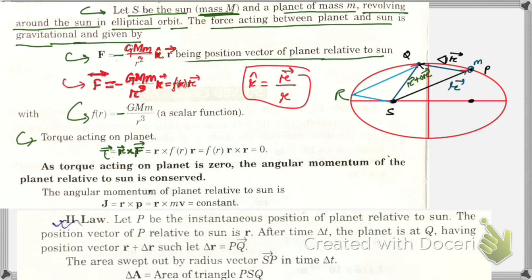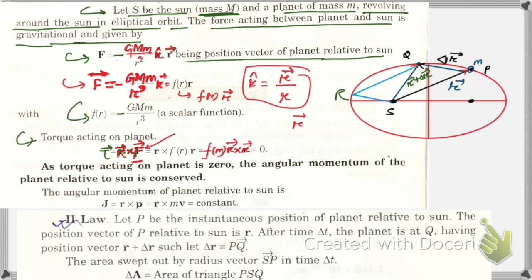Now if you use this equation here, you can see this is vector r cross vector f, right? If you use this vector f here, this one is nothing but f of r into r vector. So you will get f of r into r vector cross r vector, right?